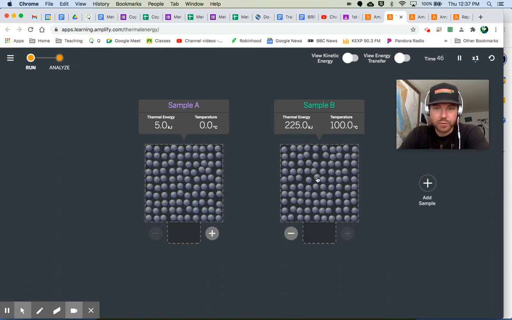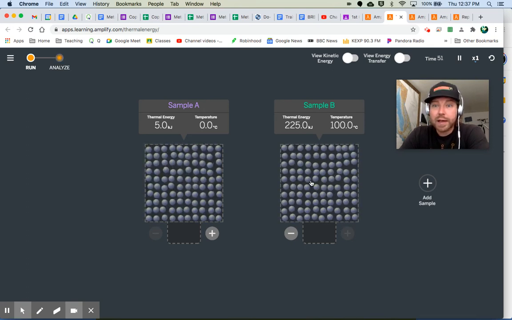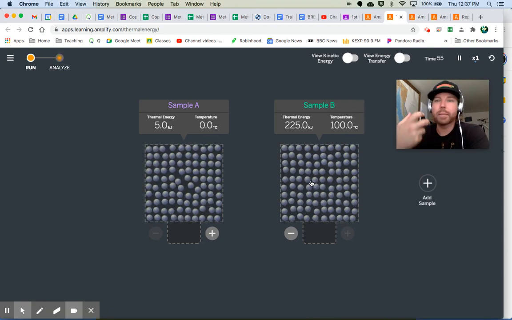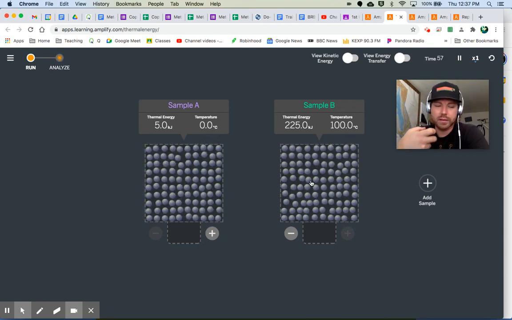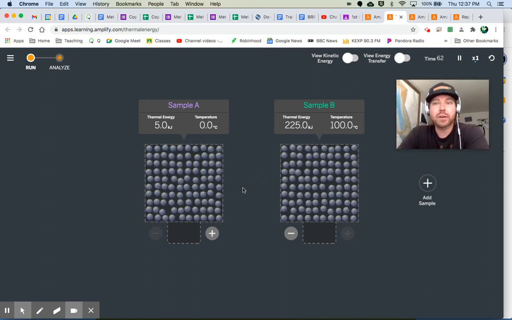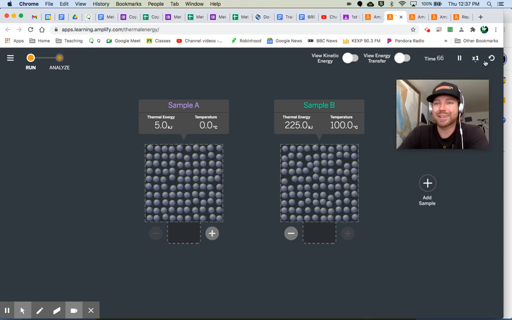Because the molecules in the hotter water are moving so much faster and so much more vigorously that it mixes that food coloring much faster into the sample. Whereas in the colder water, those molecules are not moving very fast. And so it's going to take a lot longer to actually get that food coloring mixed in well.